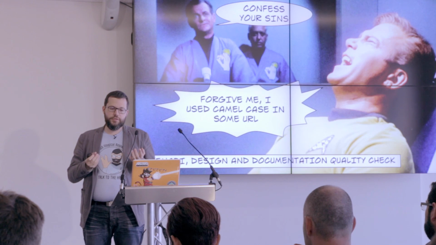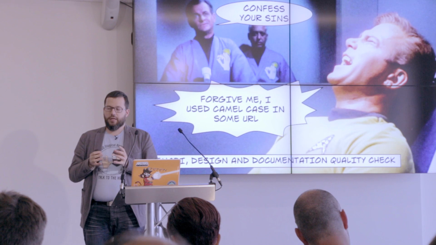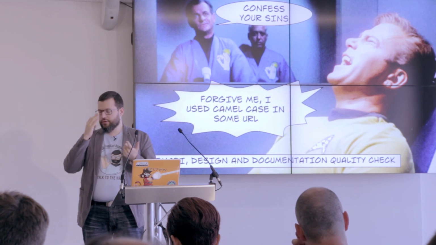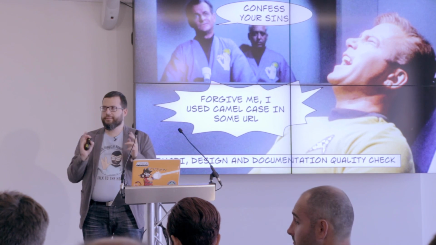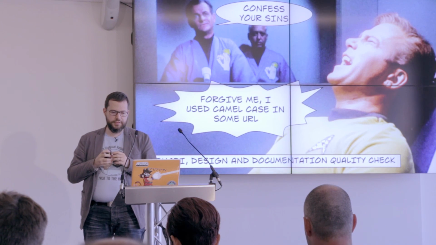A second idea would be to really enforce API design: URL structure, using names or plurals for collections, forbidding the use of verbs, checking that HTTP statuses conform to certain rules.